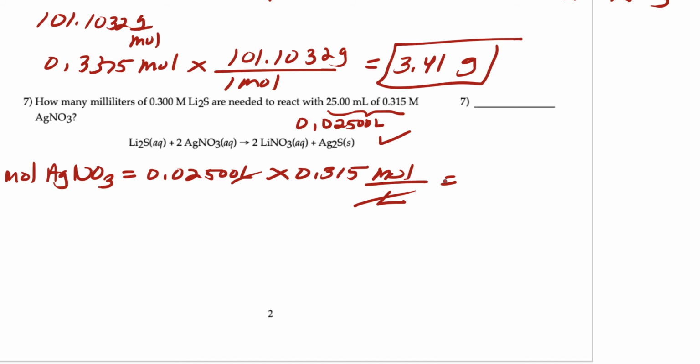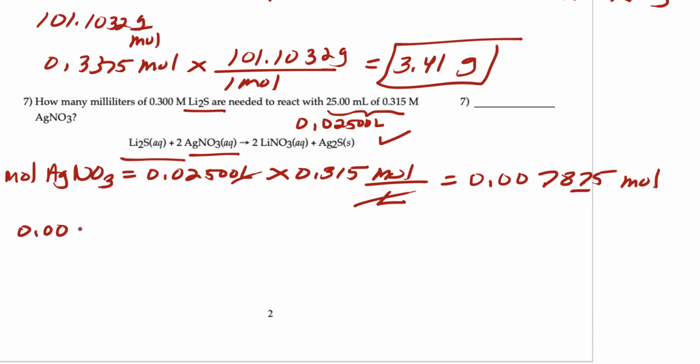And we have 0.025 times 0.315, and I end up with 0.007875 moles of silver nitrate. Now what I need to do is use my mole ratios from the chemical equation to get from silver nitrate to lithium sulfide.